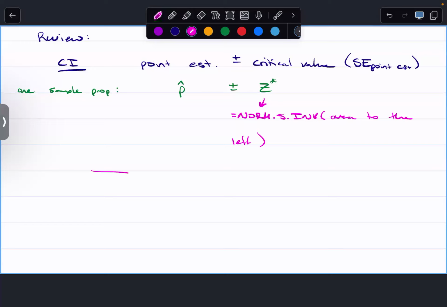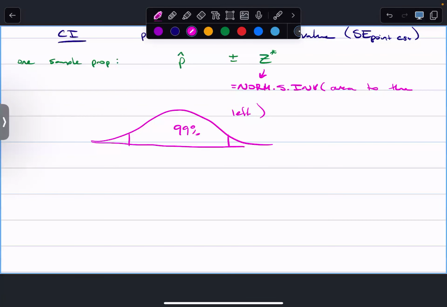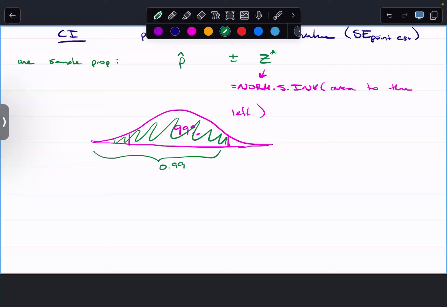If you want a 99% confidence interval, then you want 1% in the tail, so the area all the way to the left must be 0.995, which is 0.01 divided by 2.